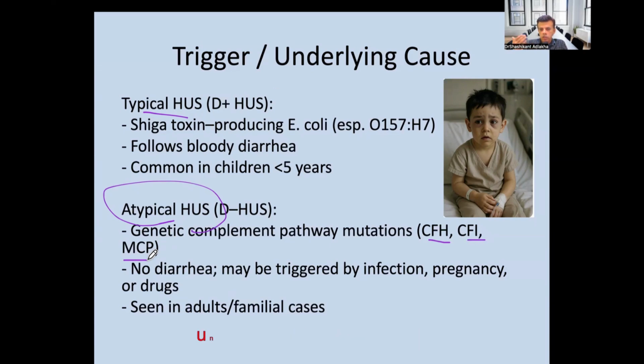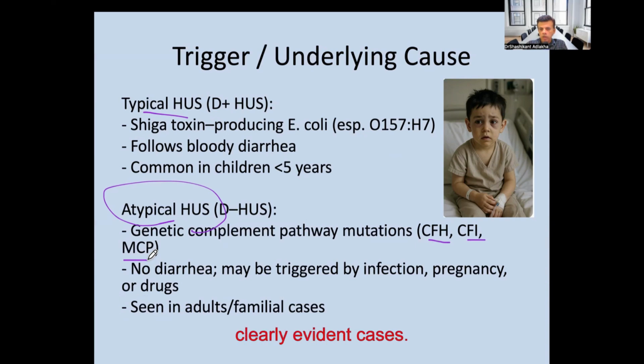So there is unchecked activation of C3 and C5, and that causes extensive activation of the alternative pathway of complement, which causes severe damage. Here there is generally no history of diarrhea, and it may be triggered sometimes by infection, pregnancy, or drugs.